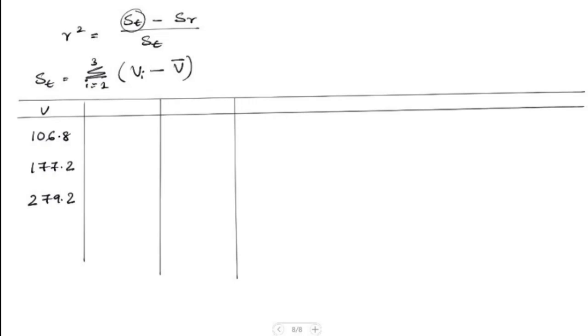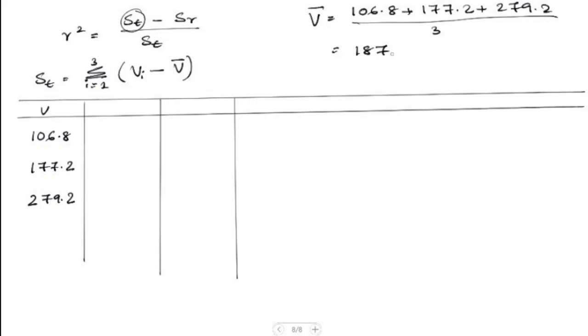The average velocity would be the summation of all these velocities divided by the number of velocities given, so 3 data points, 3 velocities, and that is equal to 187.733. That's our average velocity, and now we have to take the velocities minus the average velocity.